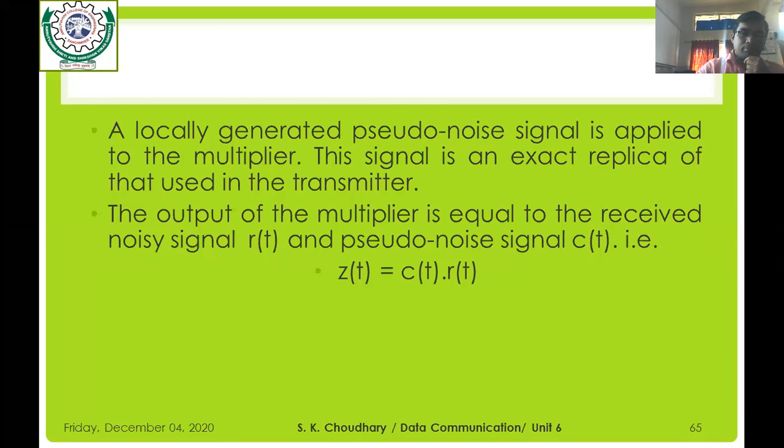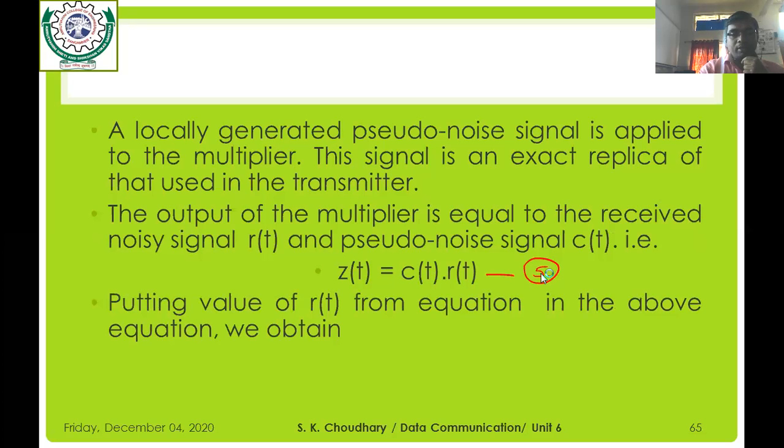You can see equation number 5, z(t) equals c(t) into r(t). Again, c(t) is the locally generated PN sequence, the exact replica of the PN sequence generated at the transmitter end.